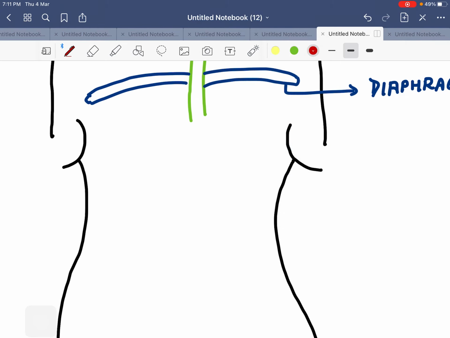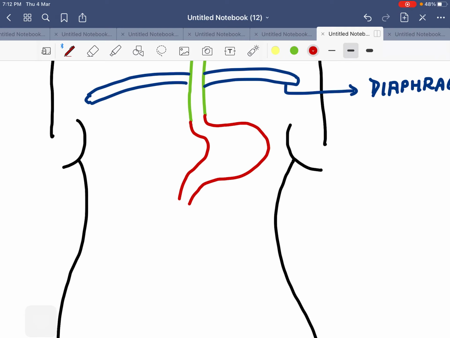We are going to draw our stomach, because after esophagus, food is coming to the stomach. Done. So here we are drawing our stomach.